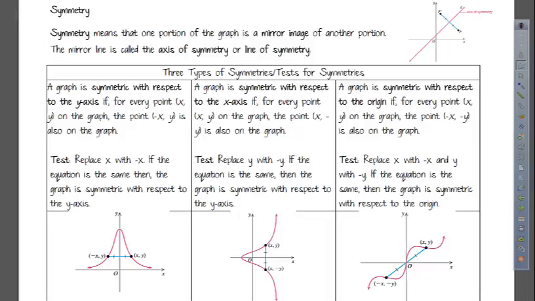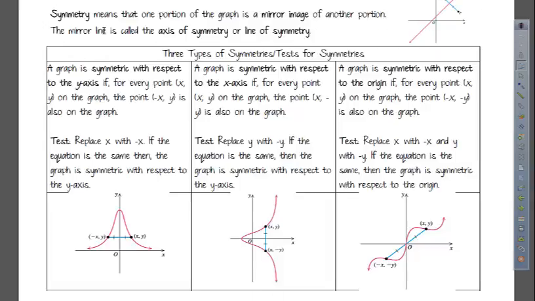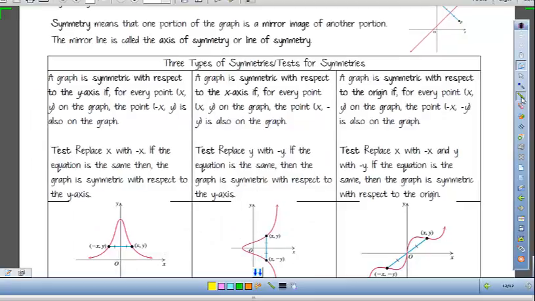We have three different types of symmetry: with respect to the y-axis, with respect to the x-axis, and with respect to the origin.